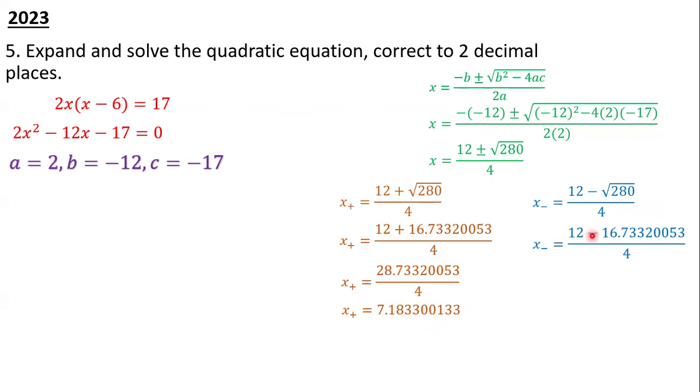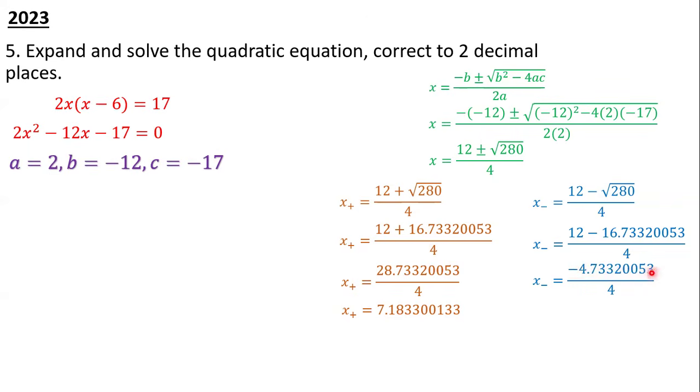And next, we have to figure out what is x negative. And so what we do here is we take the square root of 280, and the square root of 280 is 16.73320053. And so we have 12 minus this particular decimal, and we put that all over 4. Next, we subtract. So we subtract this and this, and so we get negative 4.73320053.